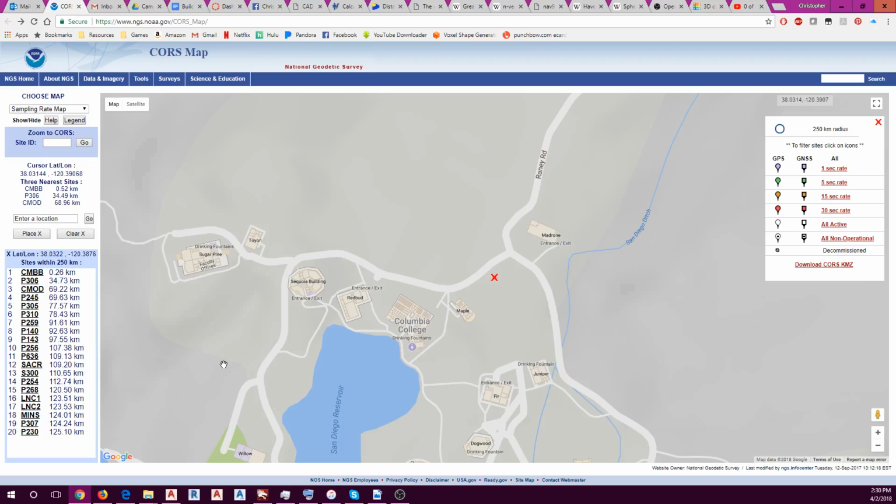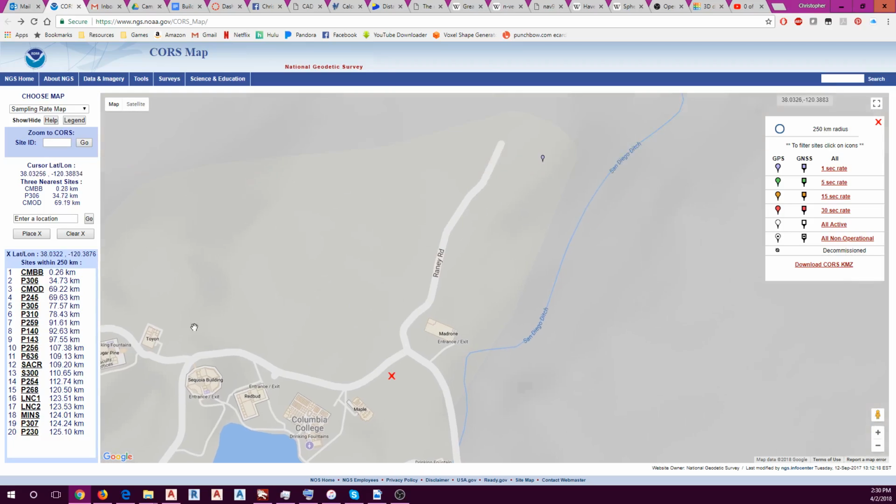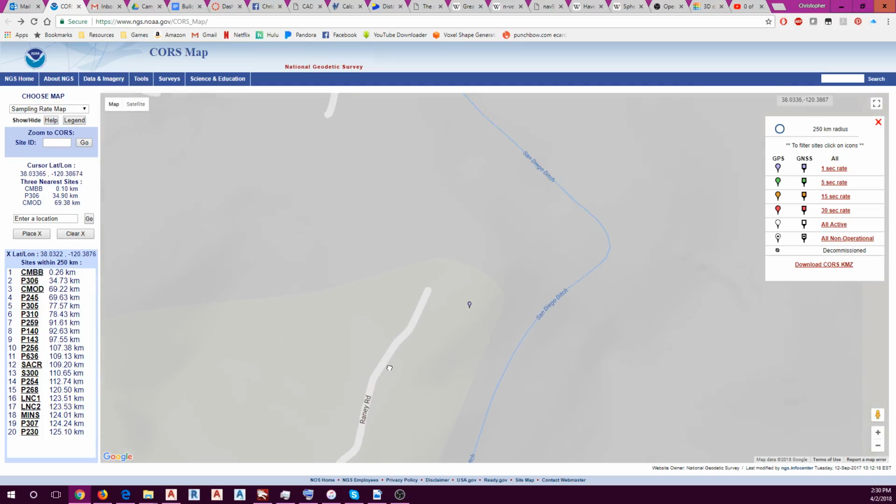In other words, forget this red X. I already put its coordinates down. I'm going to go here.